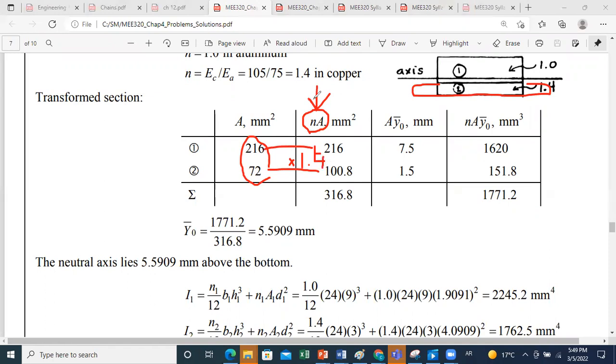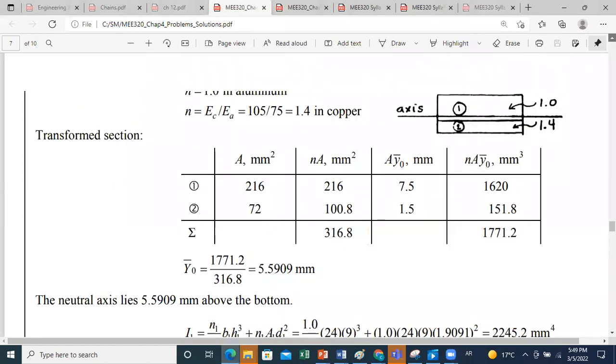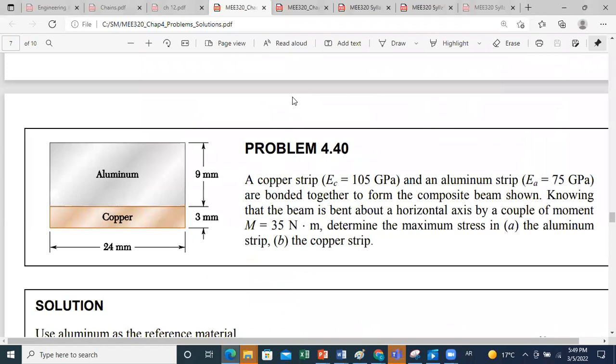This is the column you will use now because you will work on the modified section. Now for each section you determine y bar. If we go back to the previous figure, you can take the bottom as the reference. Y bar for the copper part is 1.5 millimeter.